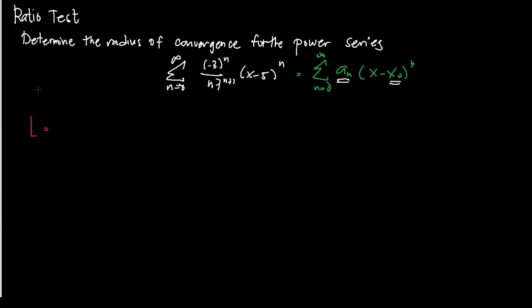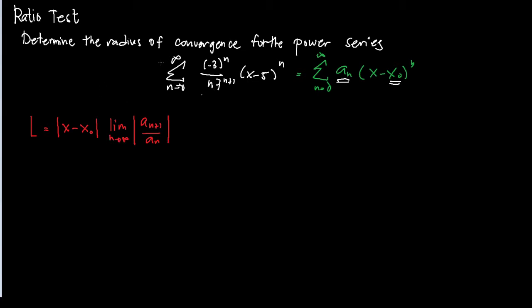So, from our discussion, the ratio test says that L is equal to the absolute value of x minus x naught multiplied by the limit of a sub n plus 1 all over a sub n as n approaches infinity.